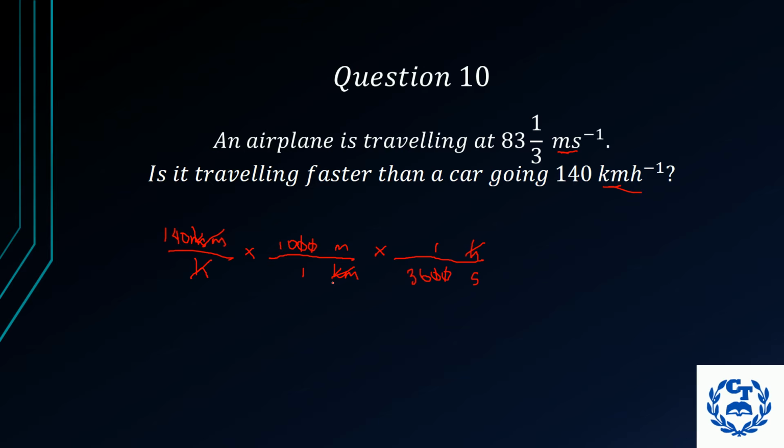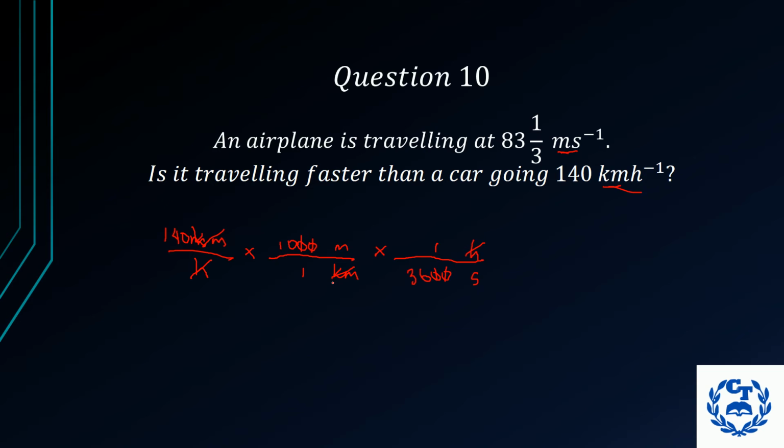And now I have 140 multiplied by 1,000 m multiplied by 1 and divided by 1 by 3,600 s.